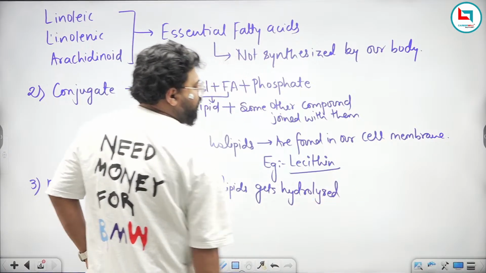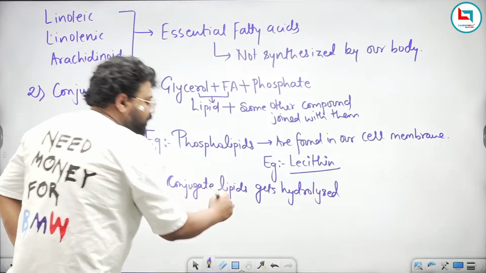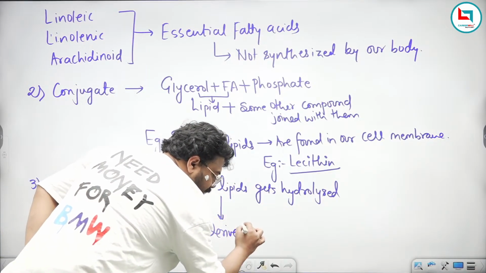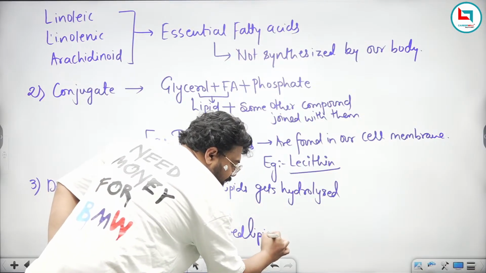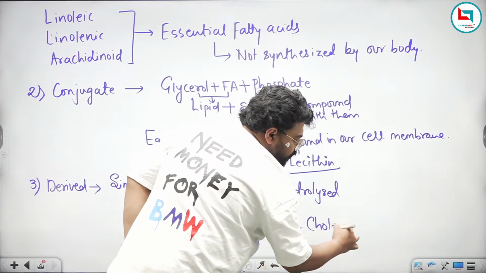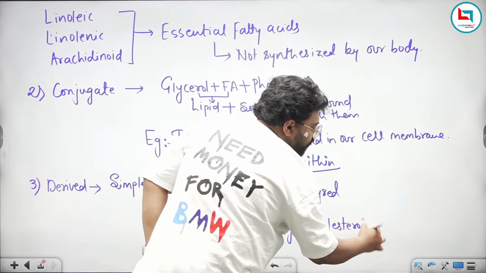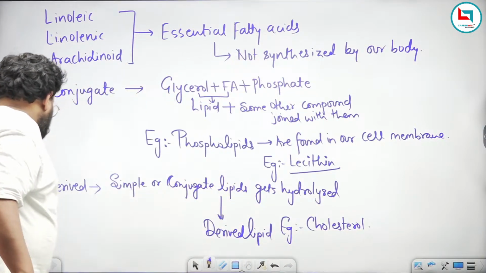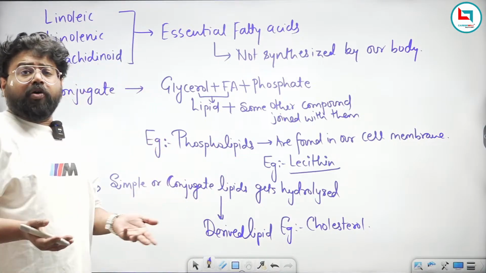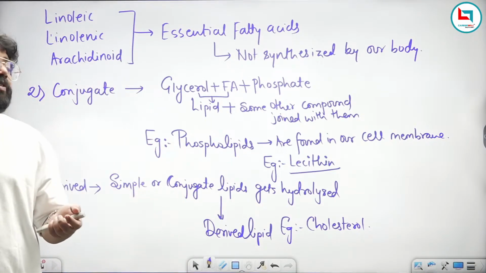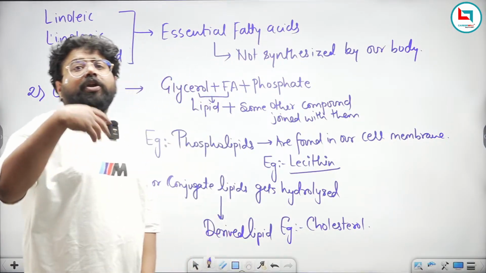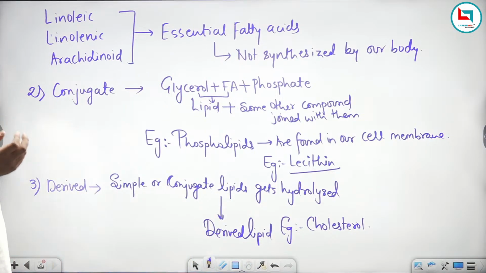When simple or compound lipids get hydrolyzed, they yield a new type of lipid molecule known as derived lipid. And the best example of derived lipid is cholesterol. So when we eat simple lipids, or when our body synthesizes these compound lipids and they get broken down by our digestive system, they yield cholesterol. So cholesterol is a type of what?